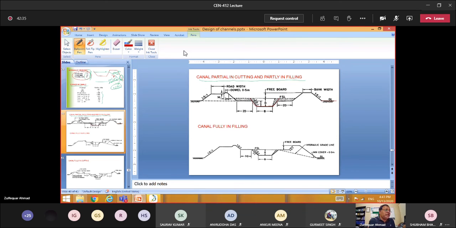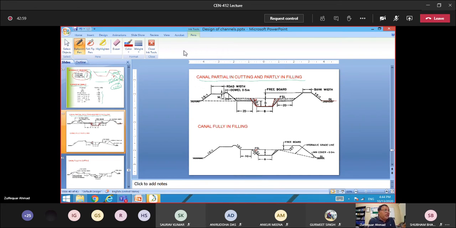But what happens is that due to silting, the slope that is attained here is 0.5:1. In the IS code it is wrongly written as 1.5; it is 0.5. I mean 0.5 horizontal, 1 vertical.